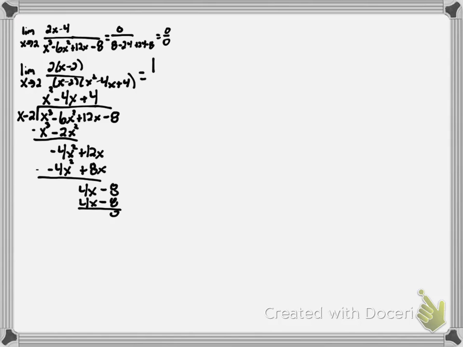This helps me simplify this into the limit as x approaches 2 of 2 over x squared minus 4x plus 4. And now when I substitute, I have 2 over 4 minus 8 plus 4, and I'm left with 2 over 0, which doesn't allow me to conclude anything.